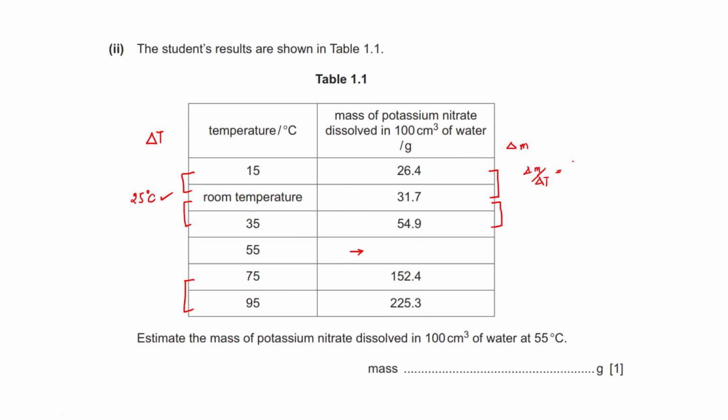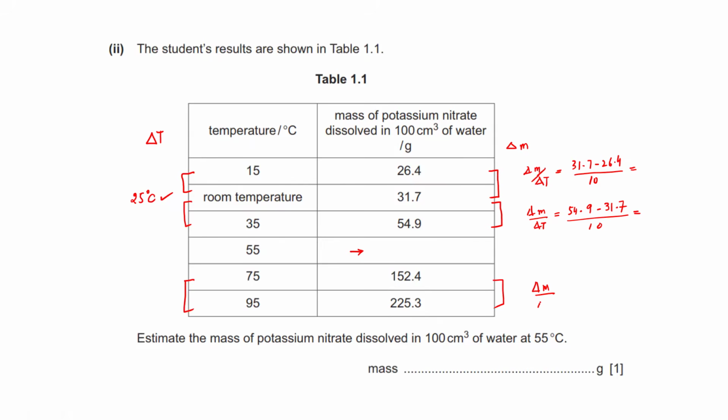Subtract these two: 31.7 minus 26.4 divided by temperature, which is 10. This will be your one value. Then you have delta M by delta T of 54.9 minus 31.7 divided again by 10. Calculate this value.